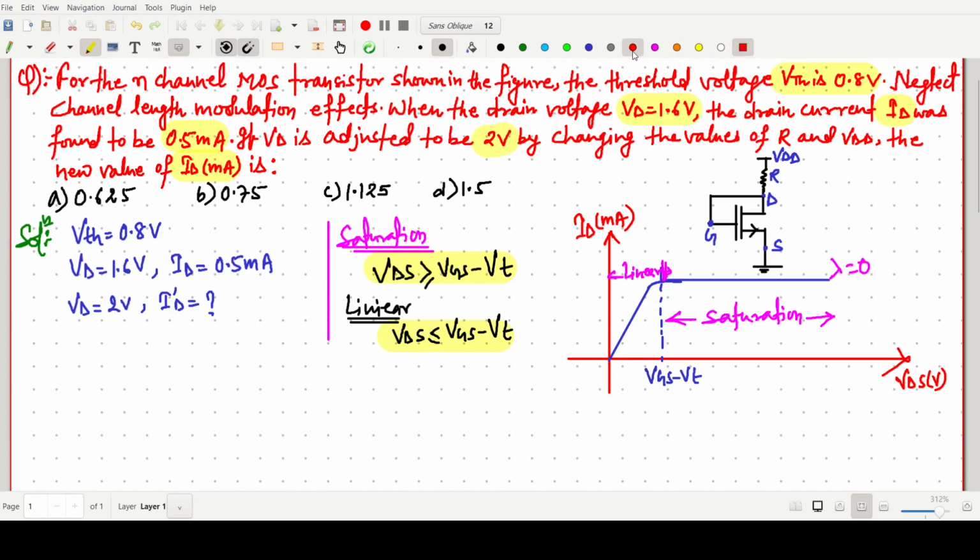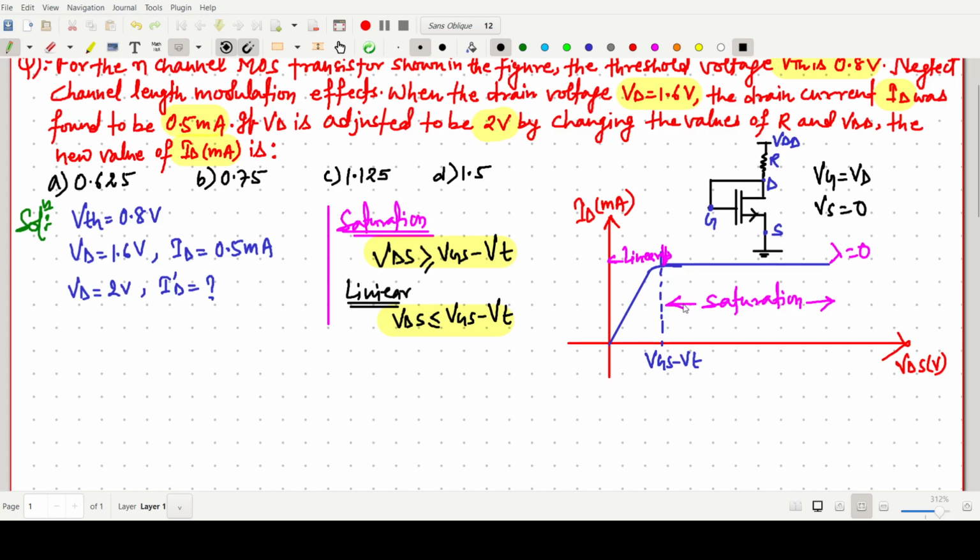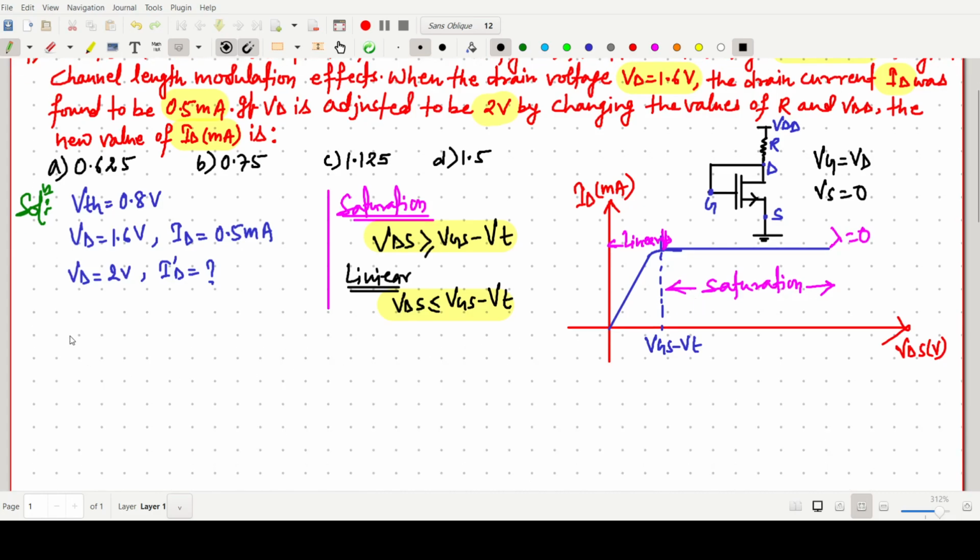In the case of a diode connected device, the gate voltage and drain voltage, that is VG equals VD, have the same potential, and VS is connected to ground, so we write 0. For the first case, I am checking the linear situation.